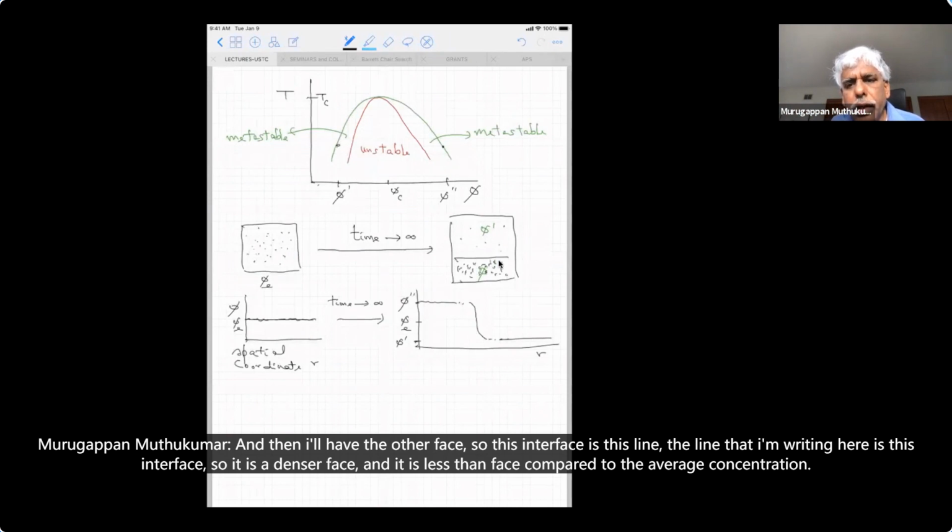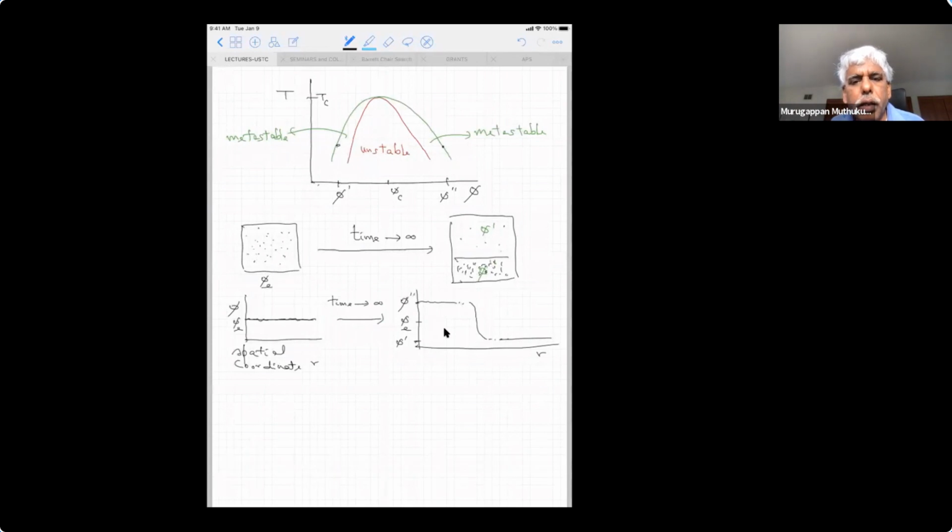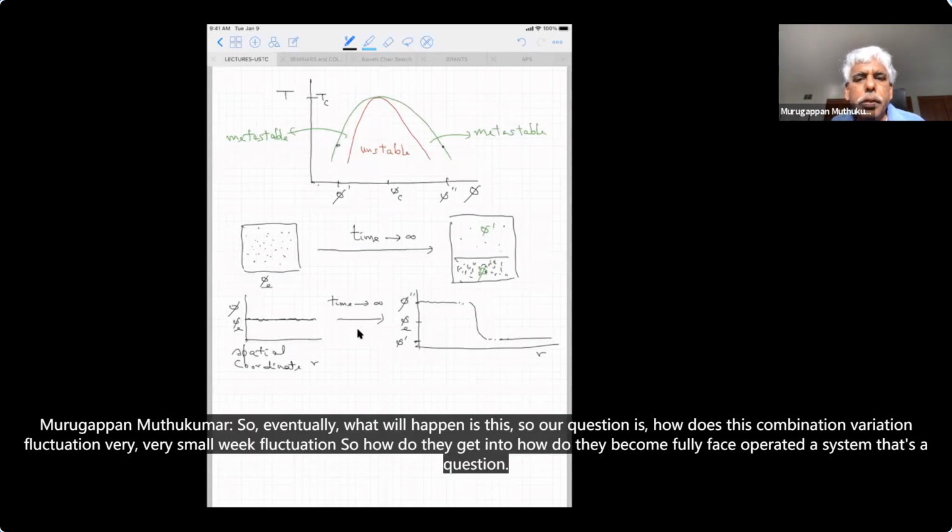So this is a dense phase, and this is a less dense phase compared to the average concentration. So eventually what will happen is this. So our question is, how do these very, very small, weak concentration fluctuations become a fully phase-separated system? That's the question.